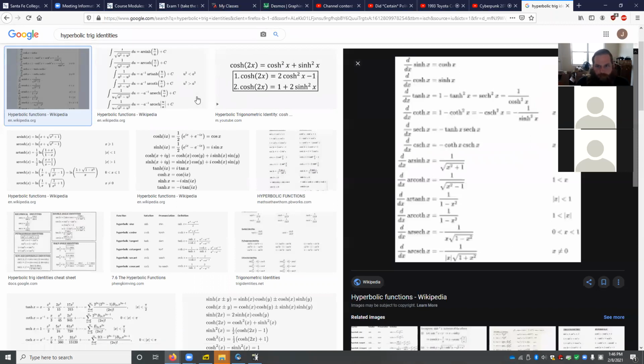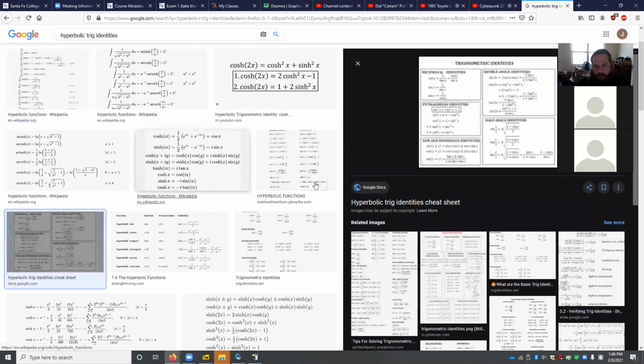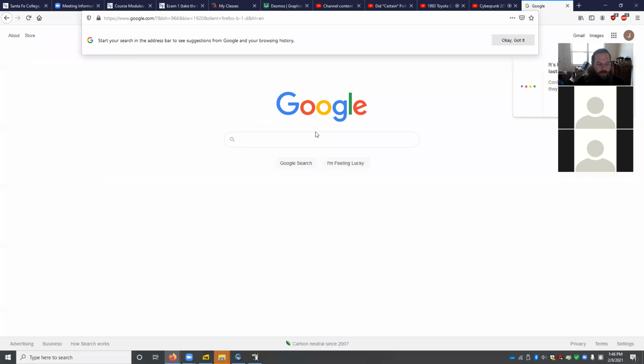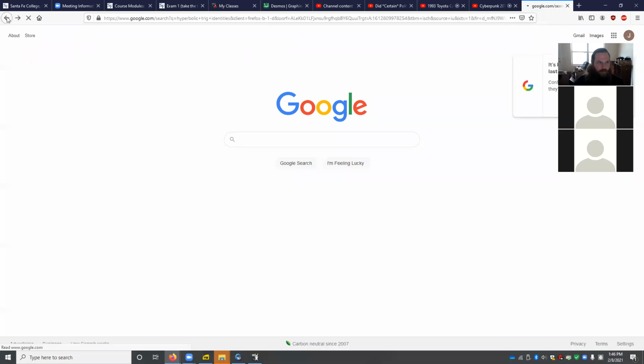So what is this over here? No, not derivatives, just the identities. Cosh squared plus sinh squared is cosh 2x. Oh yeah, so cosh squared minus sinh squared is 1. That's the main Pythagorean identity for the hyperbolic trig functions. No, those aren't there. No, this sucks. Let's do a regular search.